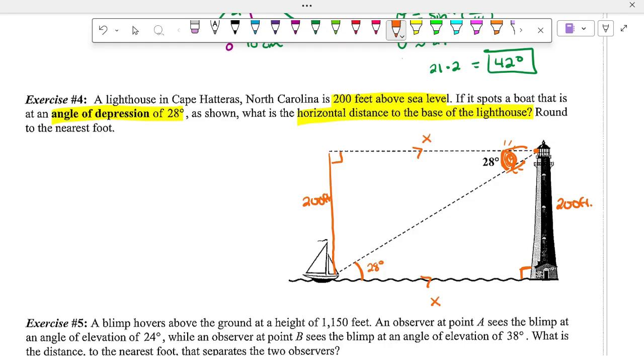Based off of my angle, what are my two sides? 200 is what to the angle? It's the opposite. What's X? Adjacent. So what am I using? Tangent. So tangent of 28 is equal to what? 200 over X. How do I solve it?